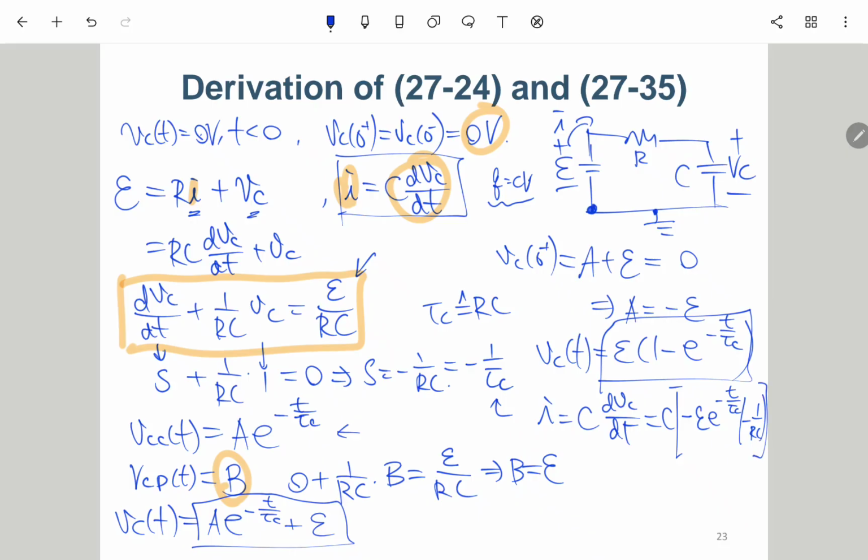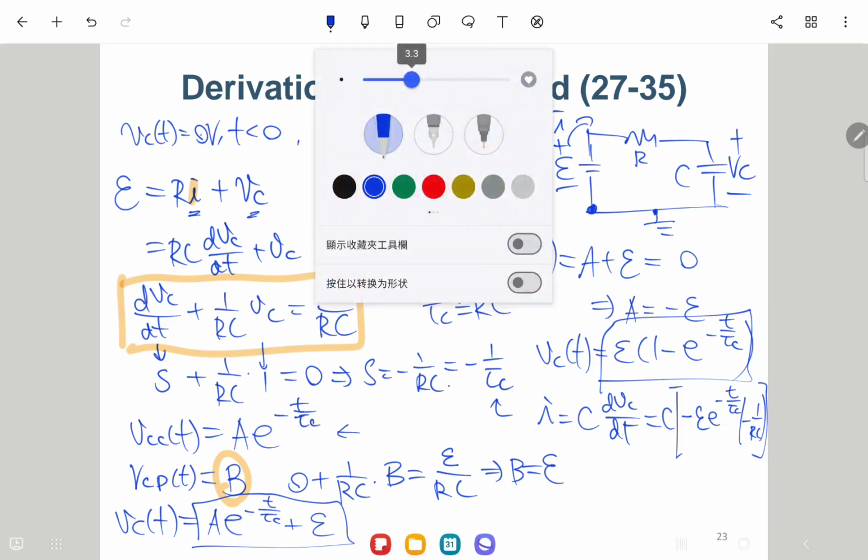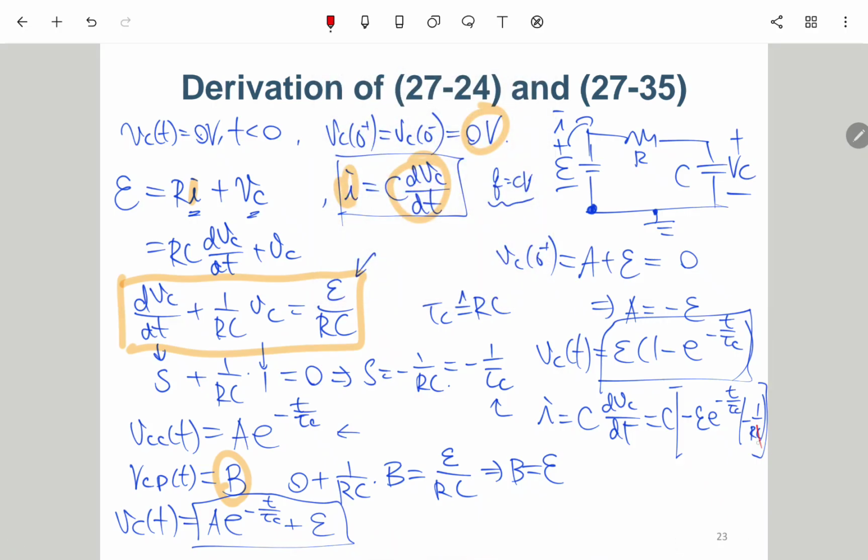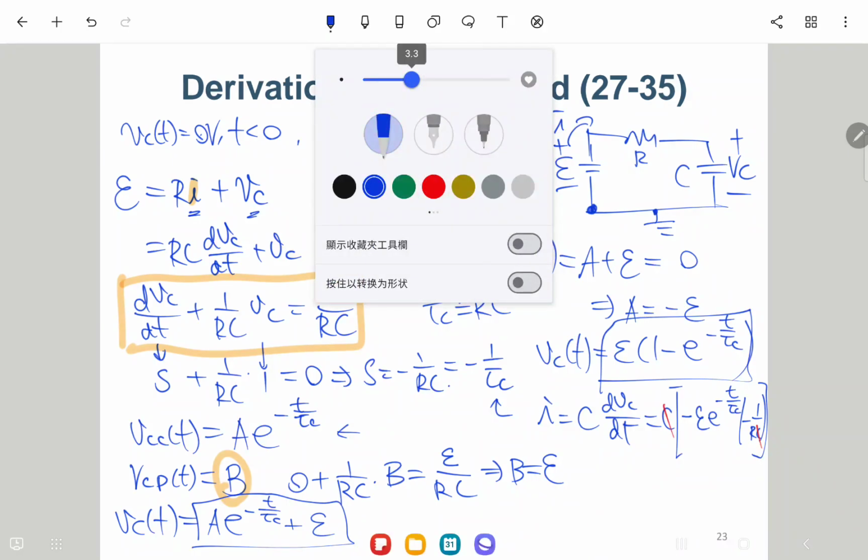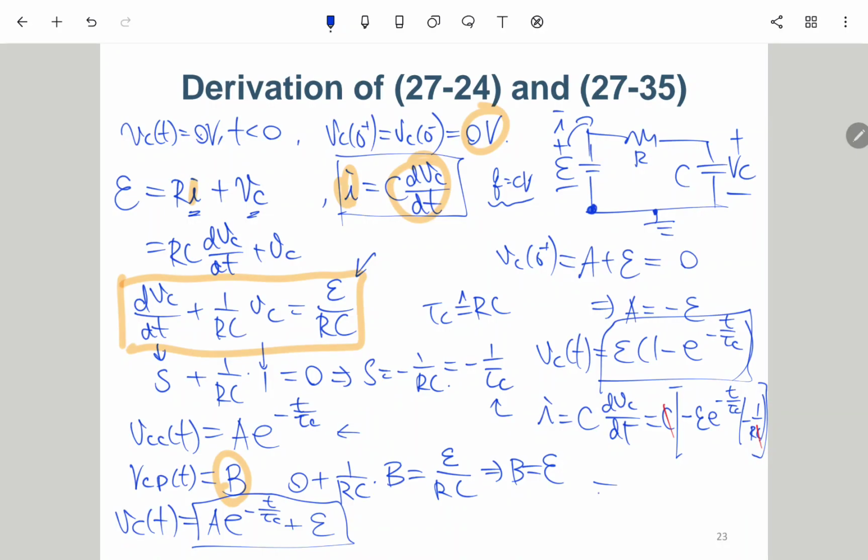Finally we can cancel this C and this C, and then we have two negative signs. So it turns out to be E over R exponential to negative t over tau C, or negative t over RC.